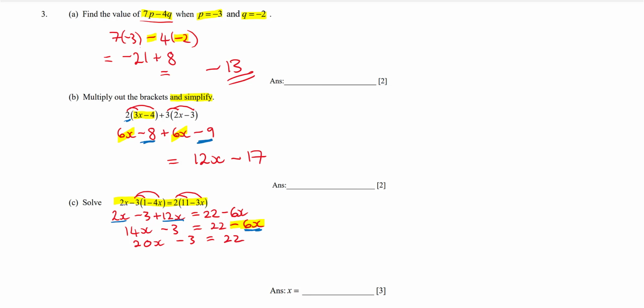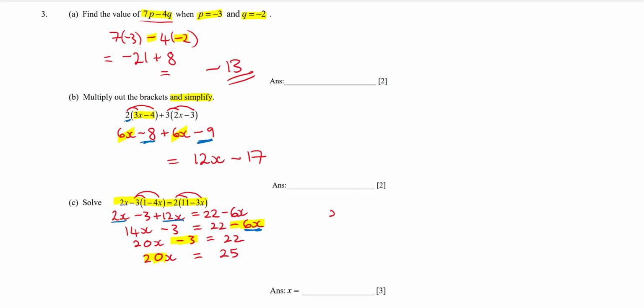And now if we add 3 to both sides, that'll get rid of that minus 3 on the left hand side there. So now we get 20x is equal to 25, because 22 plus 3 is 25. And now if we divide both sides by 20, that'll get rid of the 20 on the left hand side there.